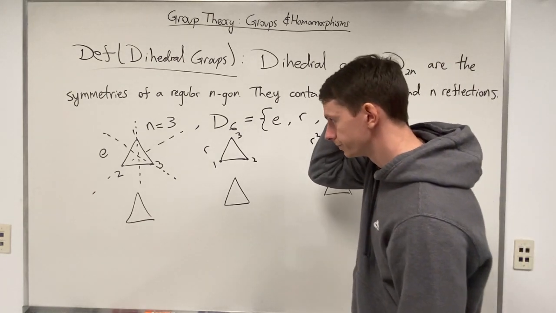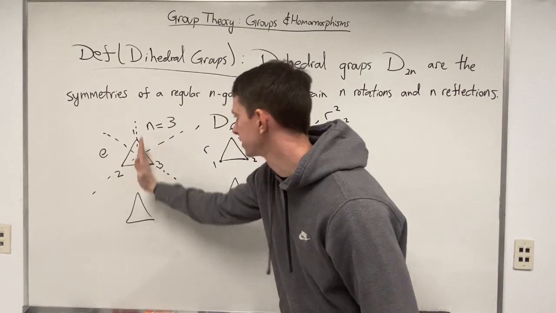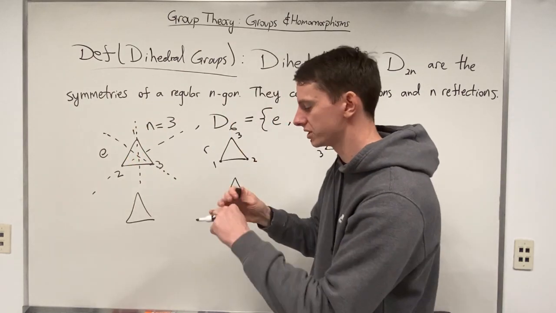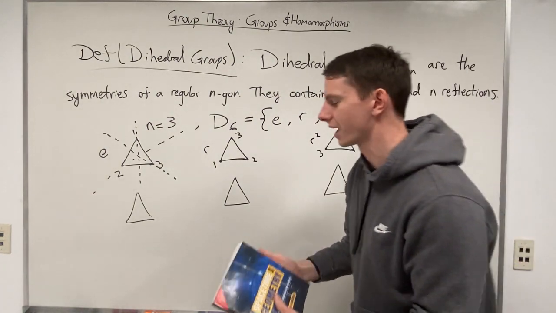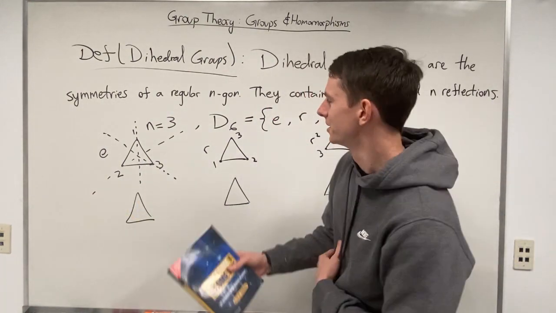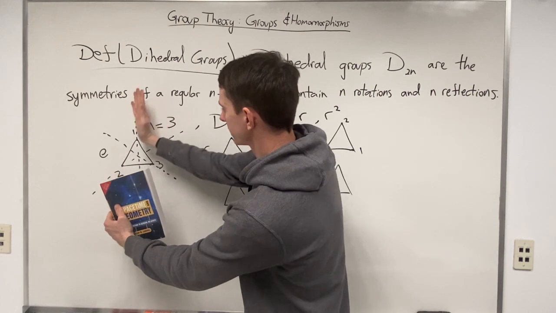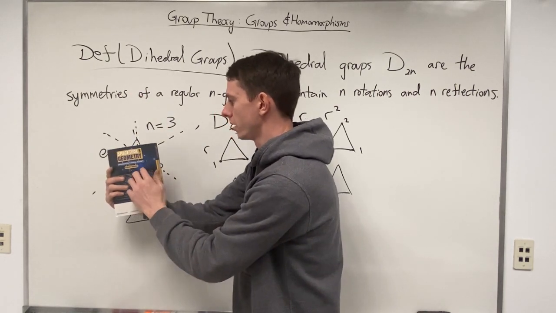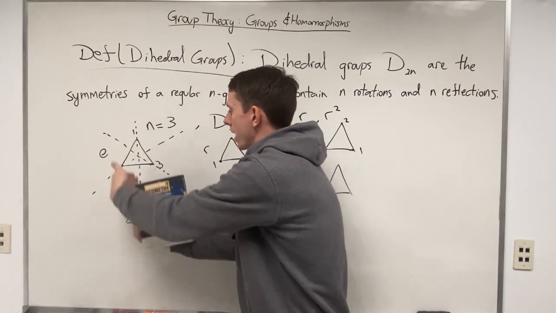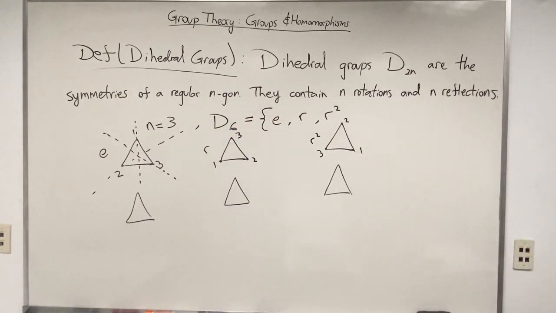If we were to reflect it across this vertical axis right here, you can imagine taking the triangle, and I don't have a triangle on me, unfortunately, but you can imagine taking a book. If we were to reflect it about this vertical axis, that would be rotating it by 180 degrees about that vertical line right there.